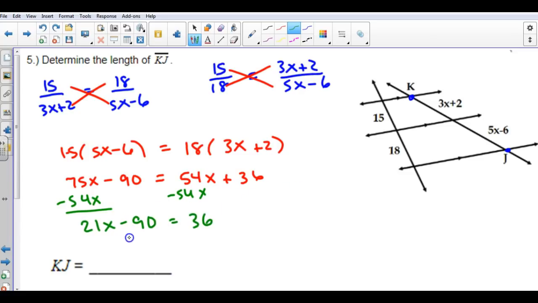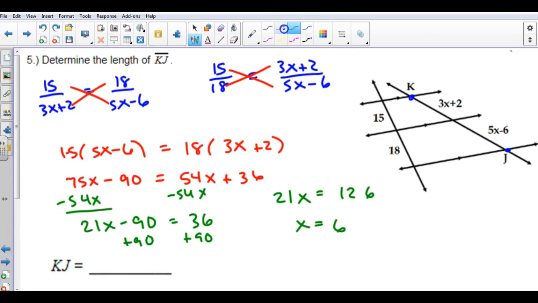And then I'm going to bring the 90 to the other side by adding. So I end up with 21x is equal to 90 plus 36, which is 126. And then if I divide both sides by 21 at the very end, I get an x value of 6.